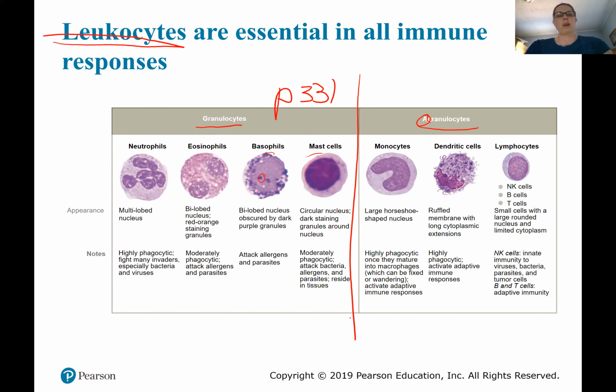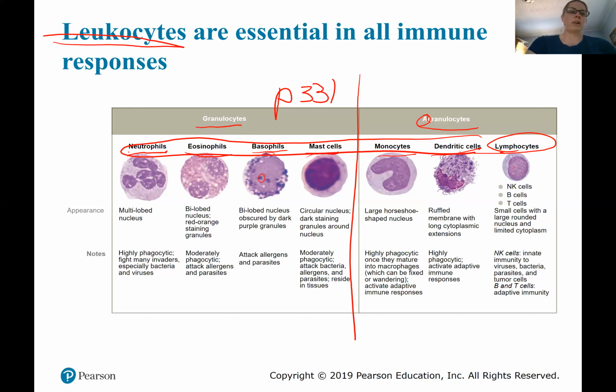So the granulocytes, the grainy looking ones, are going to include neutrophils, eosinophils, basophils, and mast cells. And then the agranulocytes are going to be monocytes, dendritic cells, and lymphocytes. All of these here are part of the innate immunity.